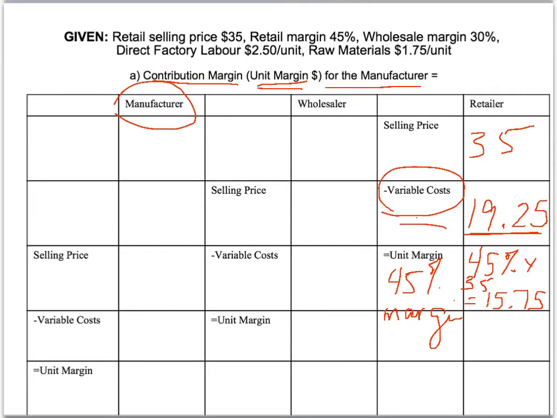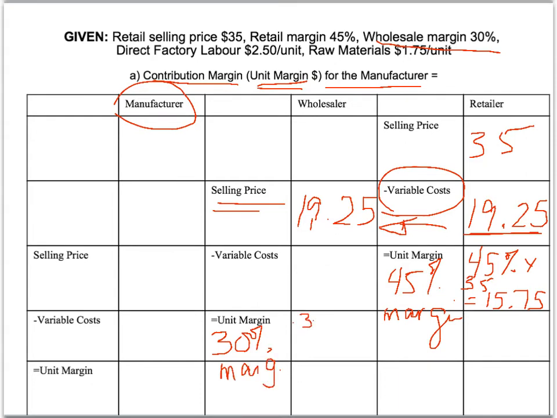We know that the retailer's variable costs are also the selling price of the guy in line before her, so $19.25 for the wholesaler. We know that the wholesaler has a margin of 30%.